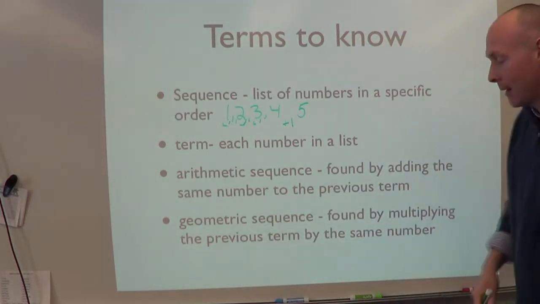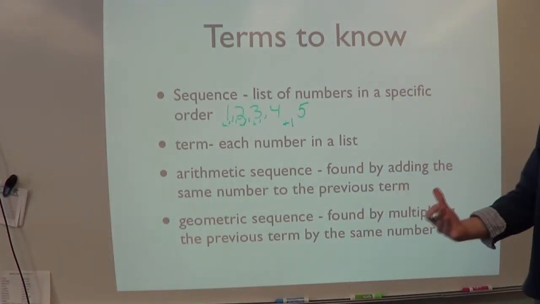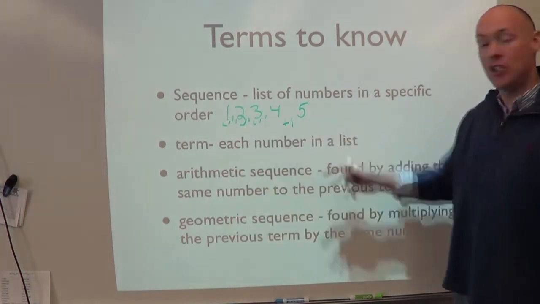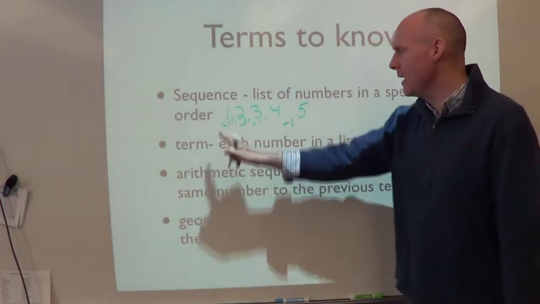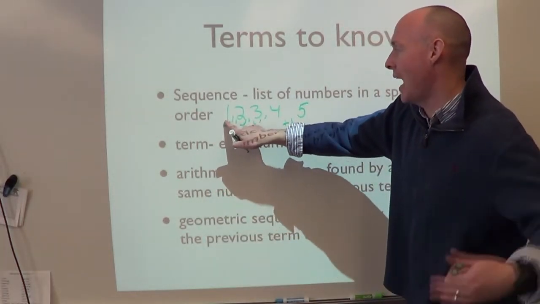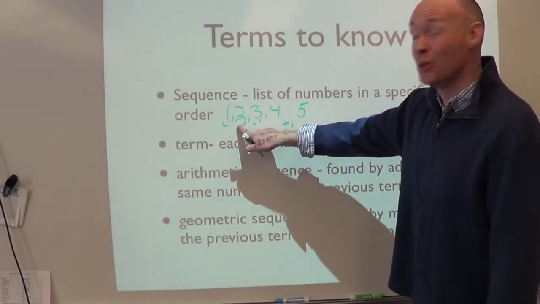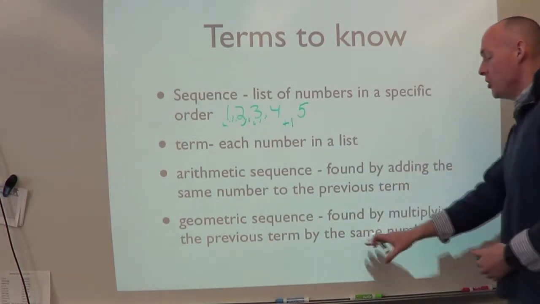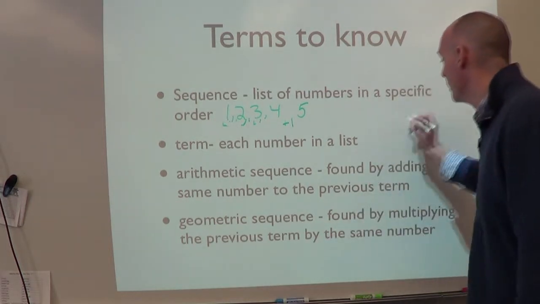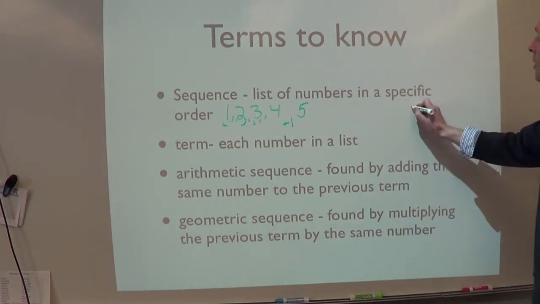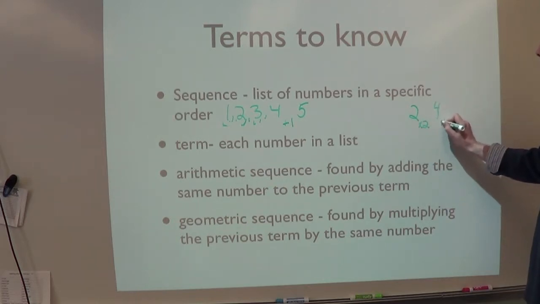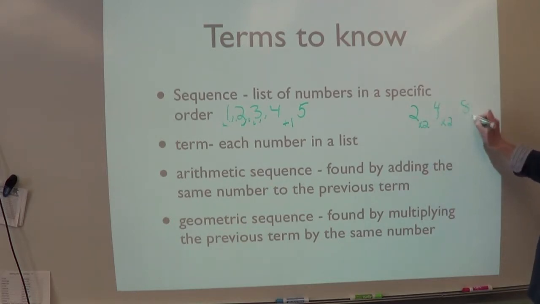Geometric, a little bit different. Geometric is found by multiplying the previous term by the same number. This is not a geometric sequence, because in this, 1 times 2 is 2, 2 times 2 is 4. So we're not multiplying. But a geometric sequence could be 2 times 2 to get 4, times 2 to get 8, times 2 to get 16.